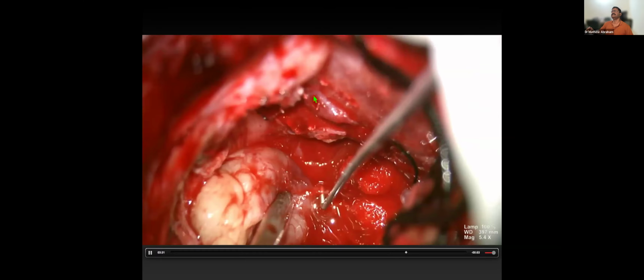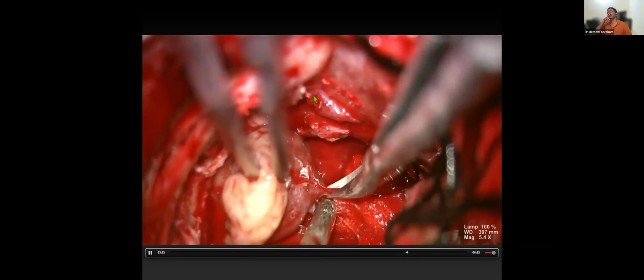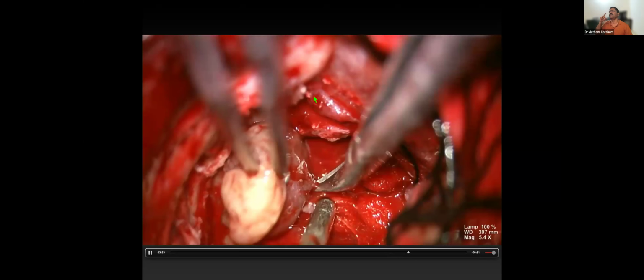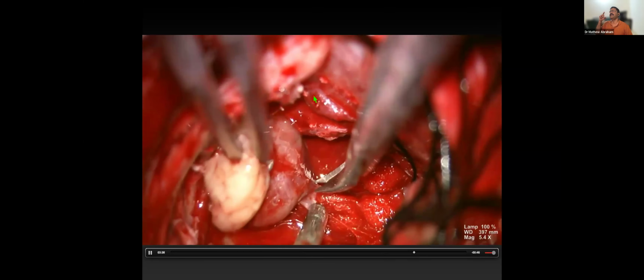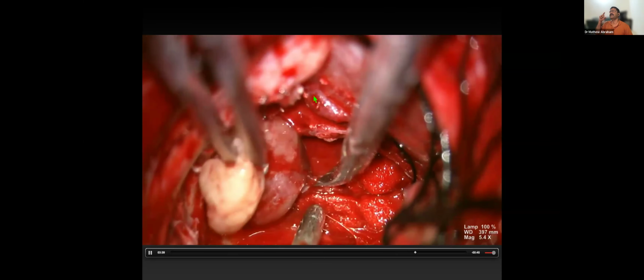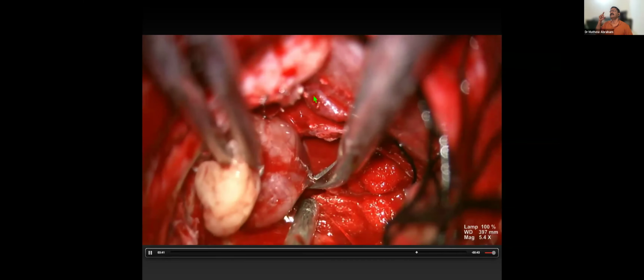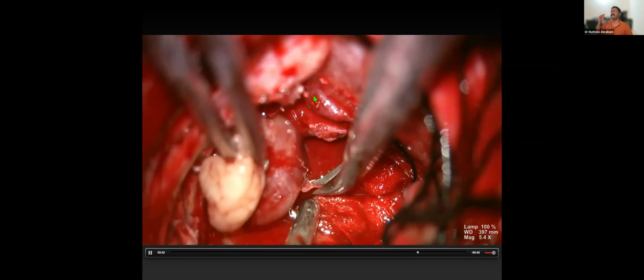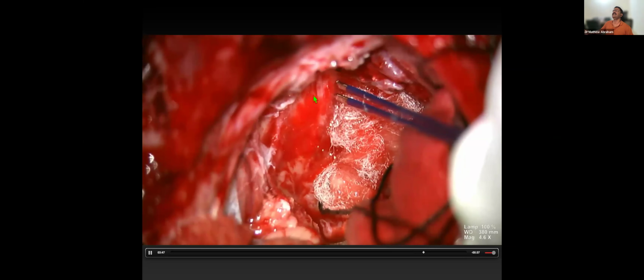So finally, these are the final stages. All your coagulation must, if possible, be limited to the last stages of tumor removal or after. If you're afraid of blood, I'm just stimulating to see.